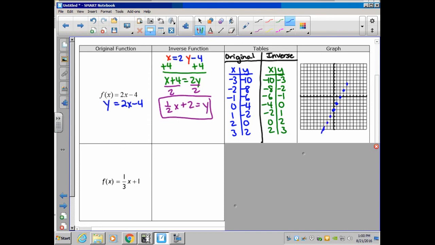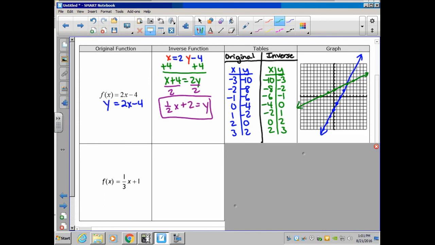Okay, that should be enough points for me to create a line. Now, the inverse. You could either switch the x and the y from the table and graph that, or you can type your new inverse equation into the calculator and find some points that way. Either method will get you the same line. And there you have it.